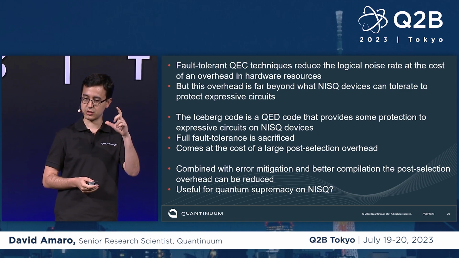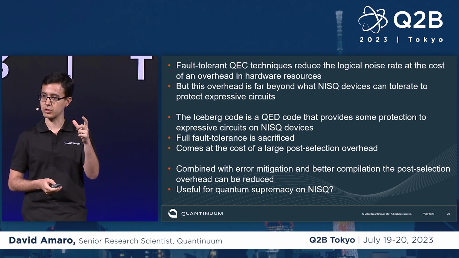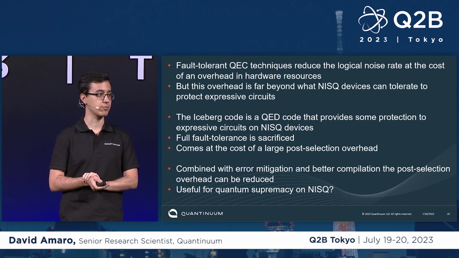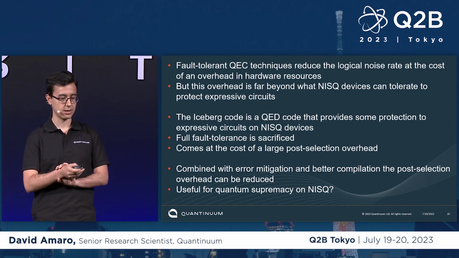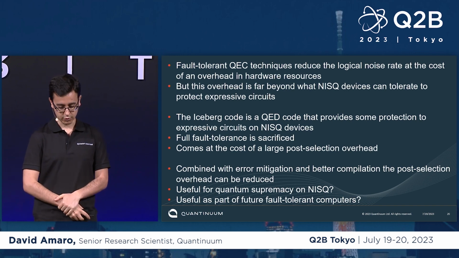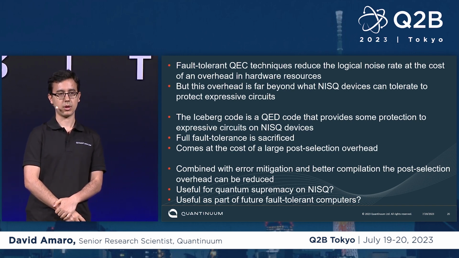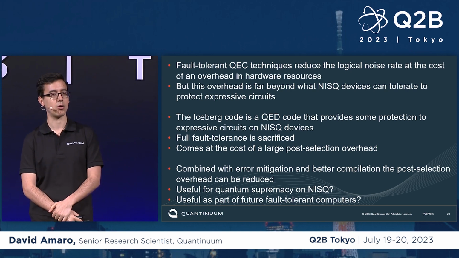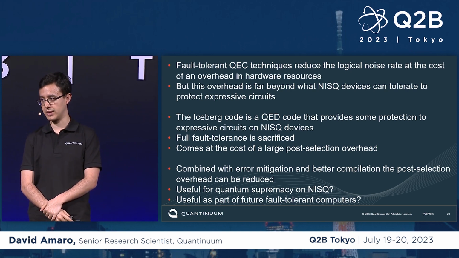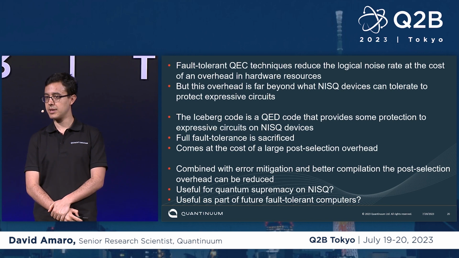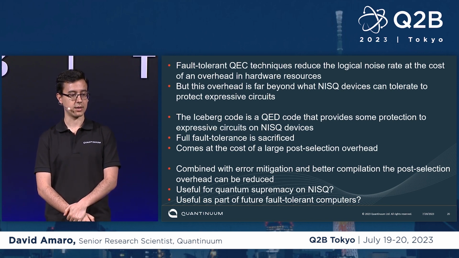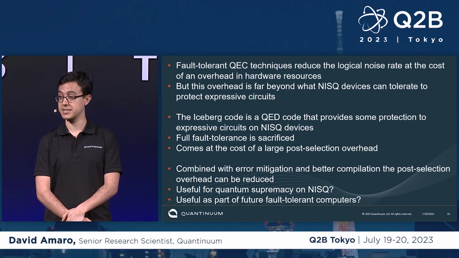The extra protection that you get from the iceberg code can be what makes the difference between a successful and a not successful quantum supremacy experiment. And also more for the future, we would like to understand if the iceberg code can be part somehow of the future of fault-tolerant quantum computation. Maybe helping on some primitive like magic state distillation.